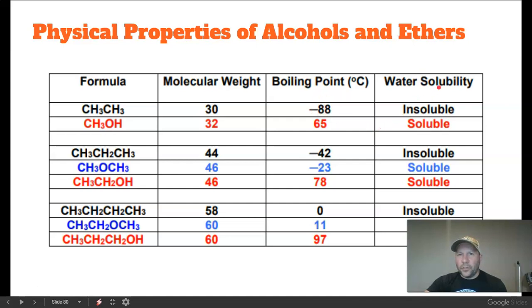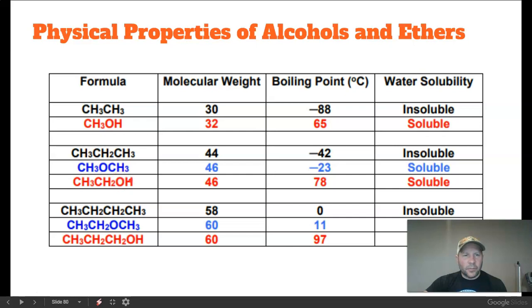When you look at their water solubility, remember water is polar and like dissolves like, right? So this would be soluble in water because it's polar. This would be insoluble because it's nonpolar. Coming on down the next 3. Here we go. Nonpolar. Dipole, and hydrogen bonding. See that hydrogen bonding, the OH right there.